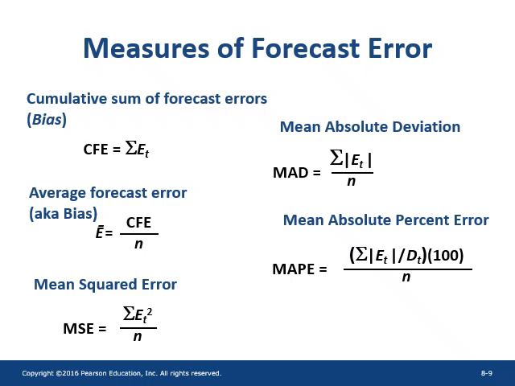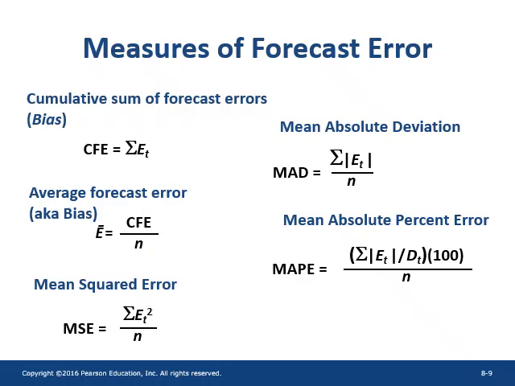Instead of taking squared error terms, if we take the absolute value and calculate the mean, then we get the mean absolute deviation, or the MAD. And we can also calculate on a percentage basis how big the MAD is, and that would be the mean absolute percentage error.